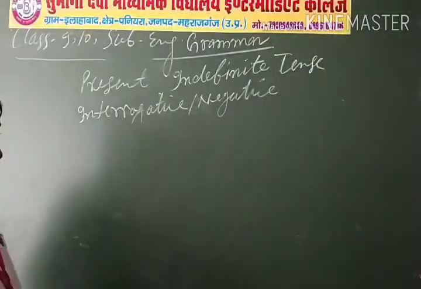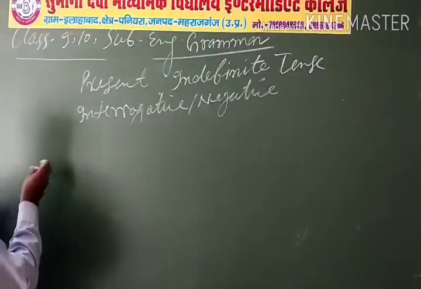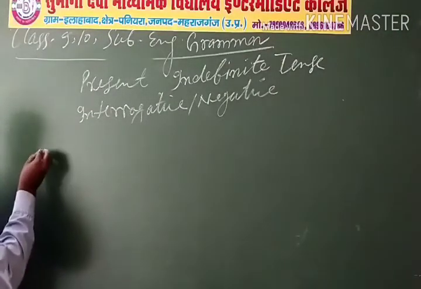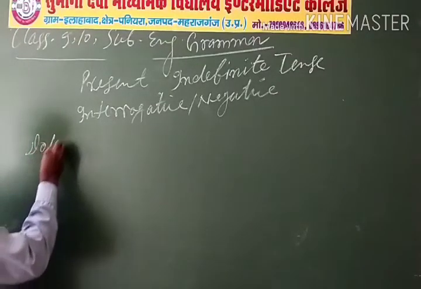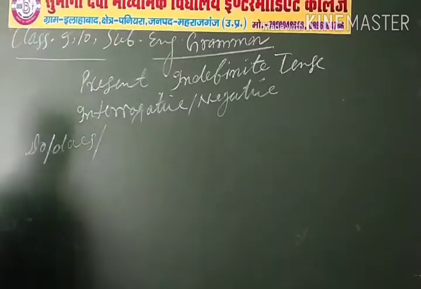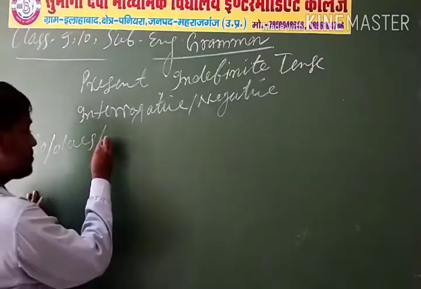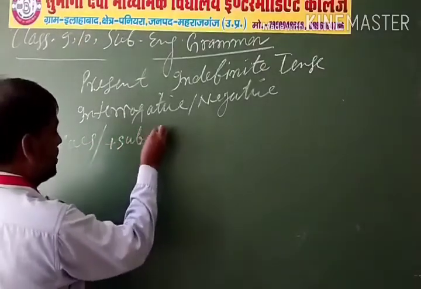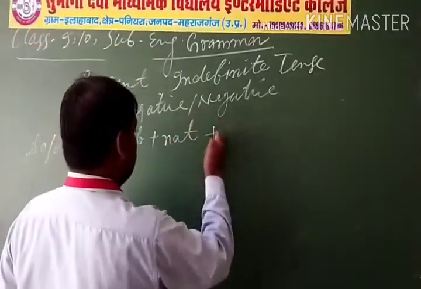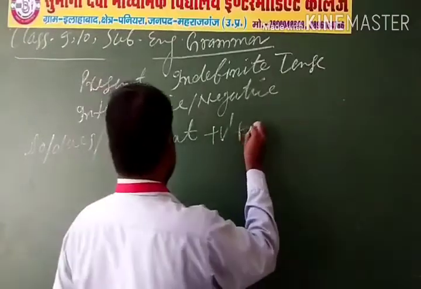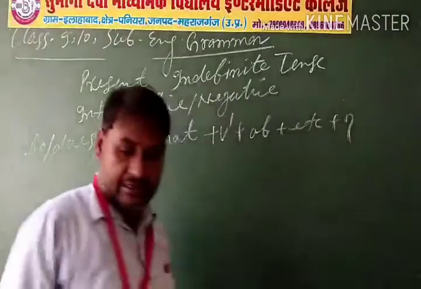And if in an interrogative negative sentence the question word comes first, then first of all, if the subject is plural, then we have to write the auxiliary verb do, and if the subject is singular, then we have to write the auxiliary verb does. And after then subject, after then not, verb's first form, object, etc., at last a question mark.